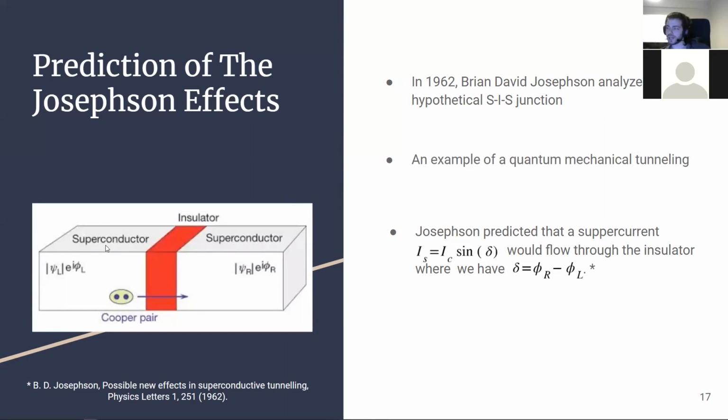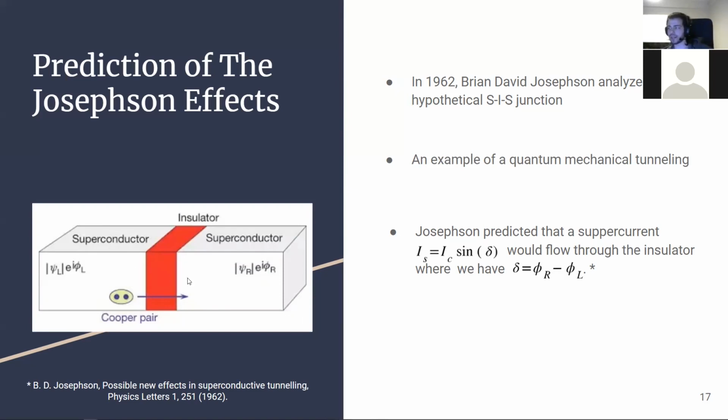So we know now that there are Cooper pairs here, and there are Cooper pairs here. A quantum mechanical observation would tell us that a Cooper pair should be able to tunnel through this.